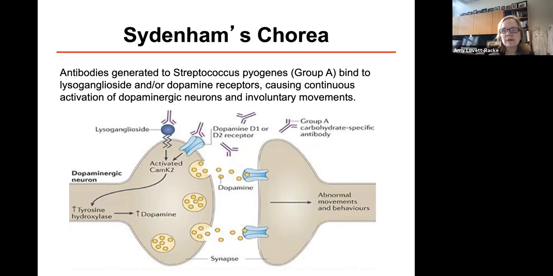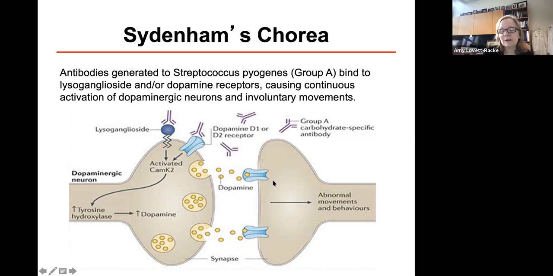The good thing about any disease that's mediated by antibodies is that you can do plasmapheresis, where you can filter a patient's blood and remove the antibodies, removing the source of the problem. And so most of the time, people with antibody-mediated autoimmune diseases can typically get under control fairly easily.